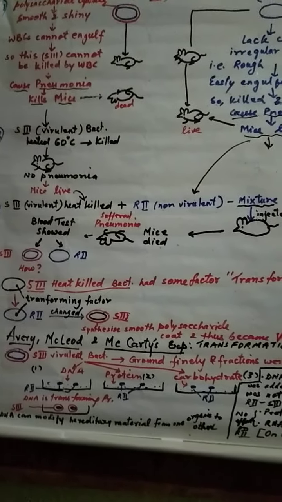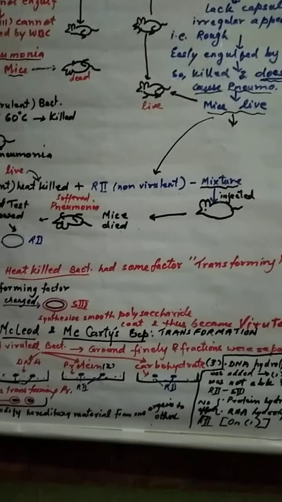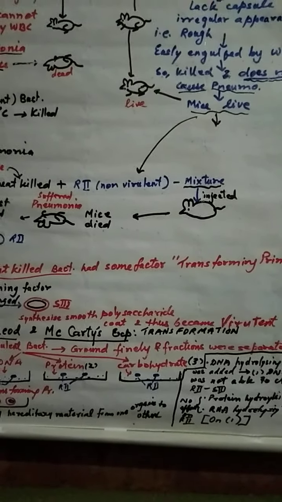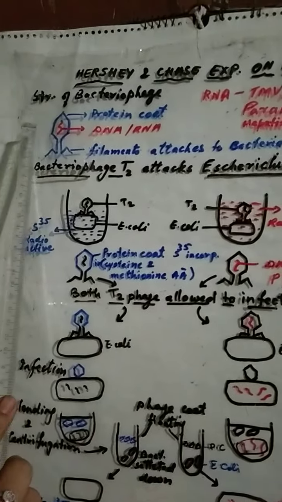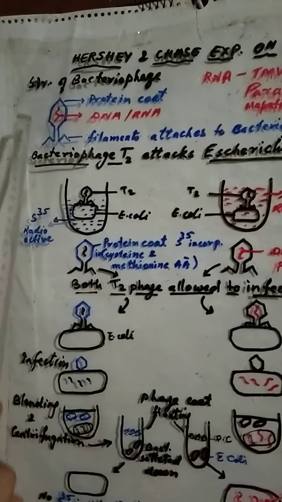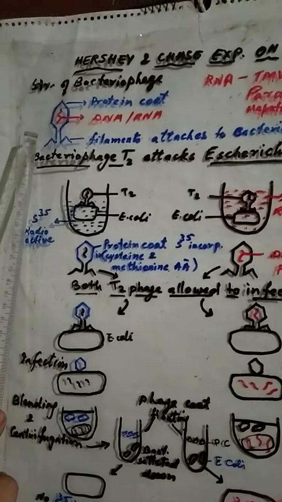Now, it was not yet confirmed whether it is DNA or protein which is the hereditary material. Hershey and Chase did an experiment on bacteriophage. What is bacteriophage? Bacteriophage is a virus which can infect bacteria.